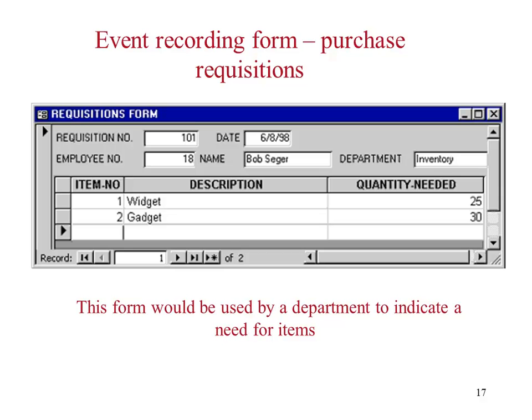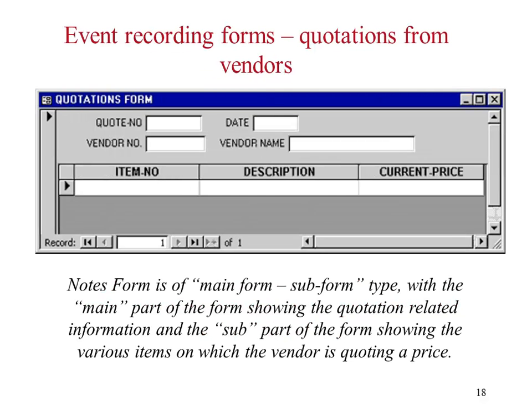This is why I have a form with a subform. Okay? Very easy. Whenever you have this kind of situation, for one thing you have many things, it makes sense to create a form with a subform. Okay? Questions? Good, good. So then you have event recording forms.